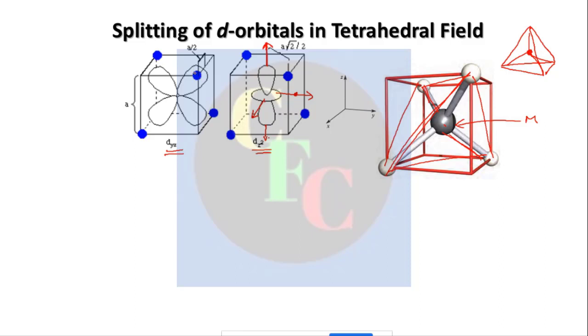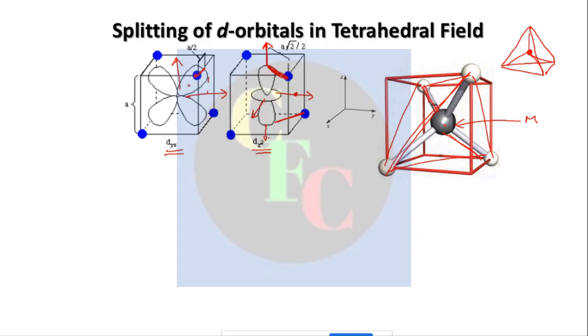None of the orbitals is facing the ligands directly. For the Eg set, the x square minus y square and z square, here also they are away from the orbital lobes. In octahedral field they were this much apart, in tetrahedral field also they are away from the lobes of the orbitals, right?